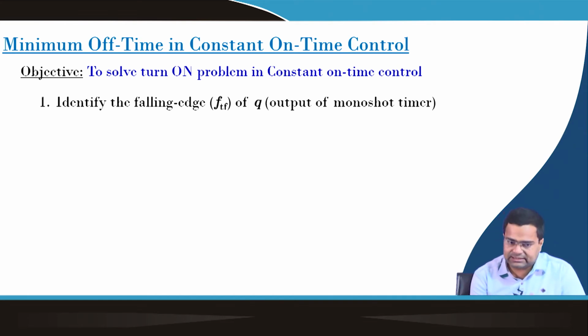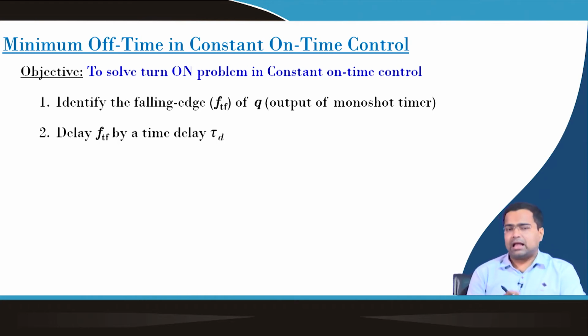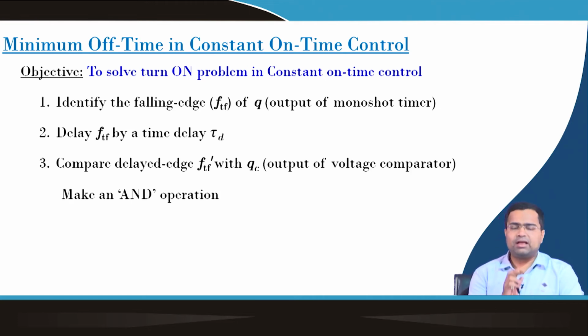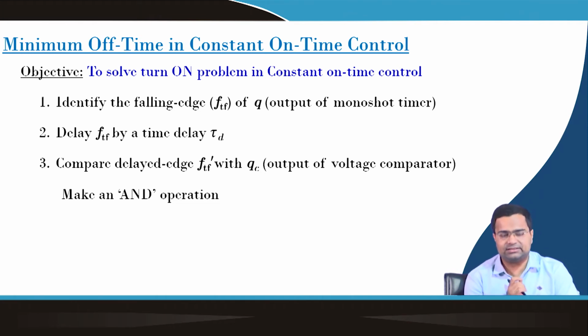We have discussed this: we need to identify the falling edge of Q, the output of the monoshot timer, and delay this signal by a tau d time delay. Then we compare this delayed falling edge trigger signal with the comparator output.